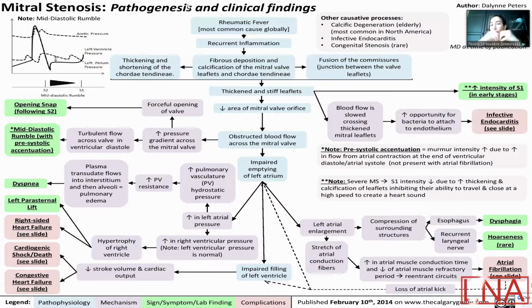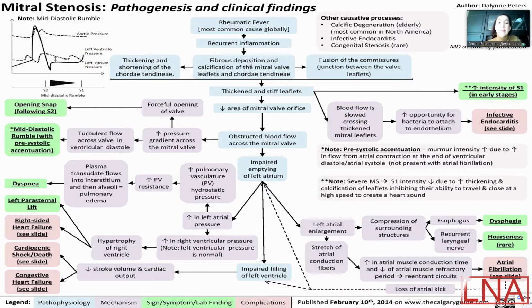Inflammation, fibrosis, and deposition of connective tissue lead to thickening and shortening of the chordae tendineae, and to fusion of the commissures, the junctions between the valve leaflets, with some additional ligatures between the cusps of the valve.